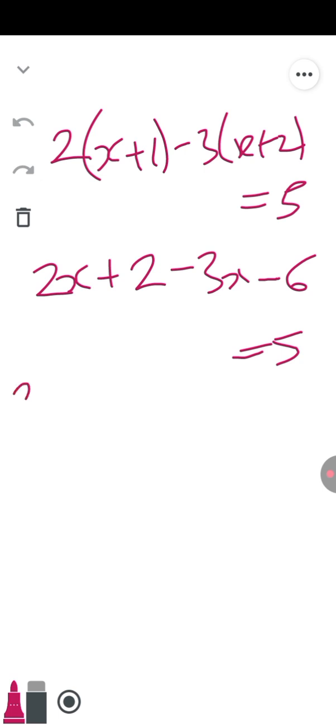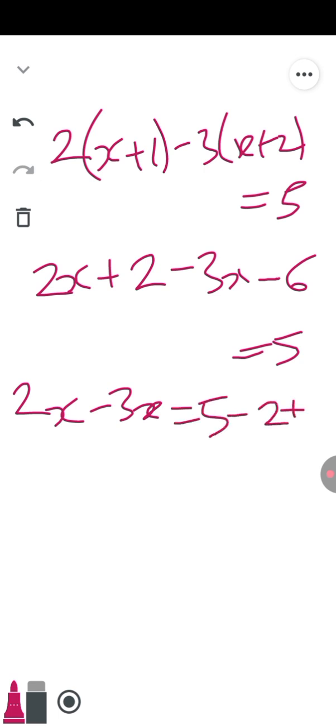Is that correct? So you collect like terms. So that's 2x minus 3x is equal to 5 minus 2 plus 6. Are you following? So what is 2x minus 3x? That's minus x.